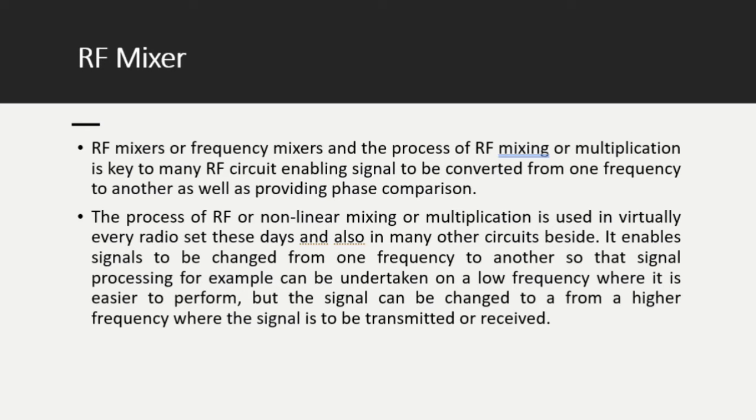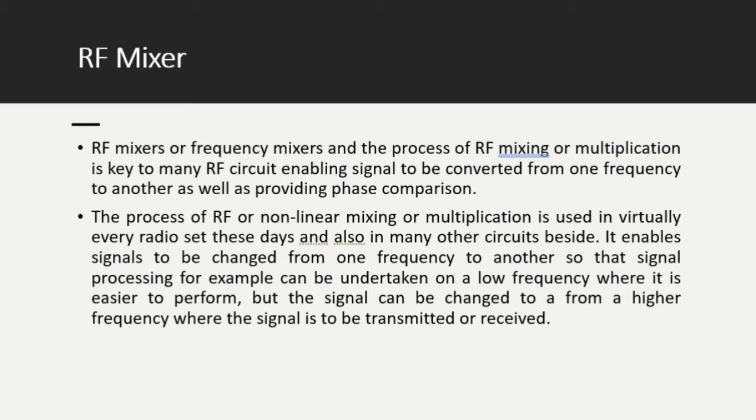So usually at the receiving side, daripada antena akan terima signal which is at higher frequency. So to perform signal processing, usually kita kena convert it to intermediate frequency which is at the low frequency. So this is where RF mixing take place lah, berfungsi untuk convert at high frequency to low frequency.